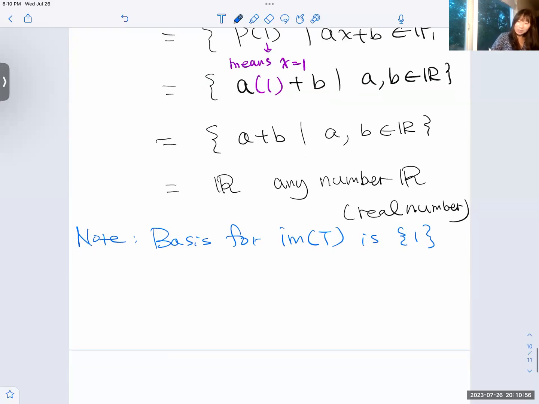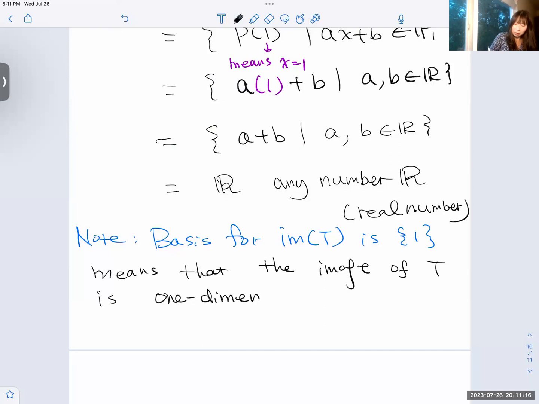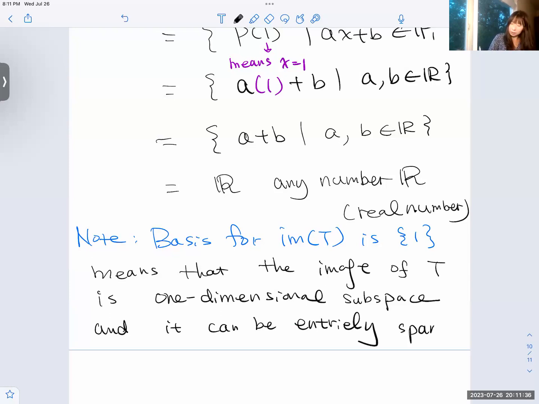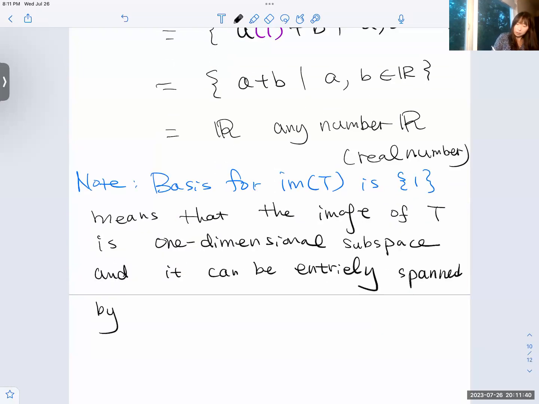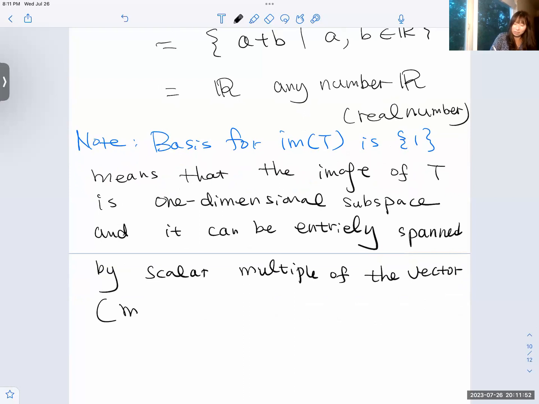So this means that the image of T is a one-dimensional subspace, and it can be entirely spanned by scalar multiples of the vector 1.